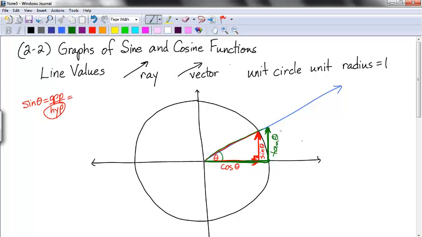In that same triangle, this would be the hypotenuse over the adjacent, but the adjacent is 1. What's hypotenuse over adjacent? Secant. Put an arrowhead here. This is secant of theta.